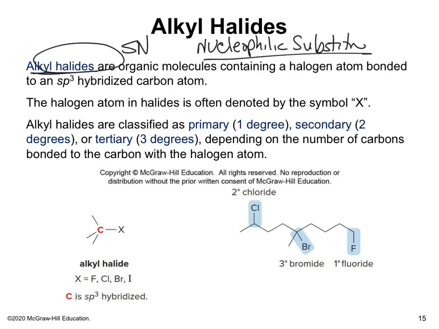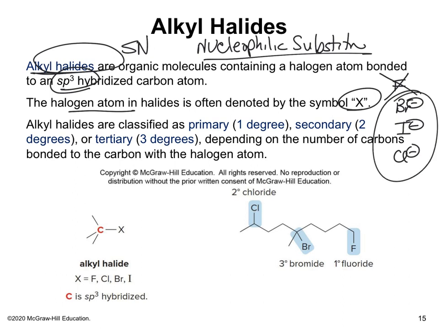That's what alkyl halides do. And what is an alkyl halide? It has to be an sp3 hybridized carbon, and the halogen can typically be X. Fluorine is not going to leave. You'll get bromine, iodide, and Cl as leaving groups. These are the three halogens that are going to leave.